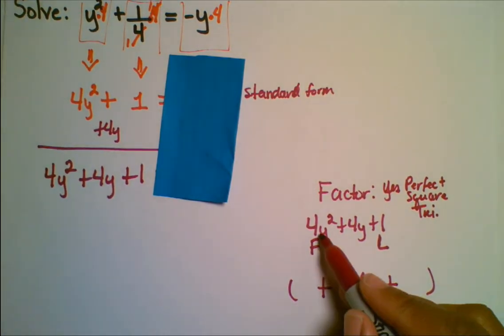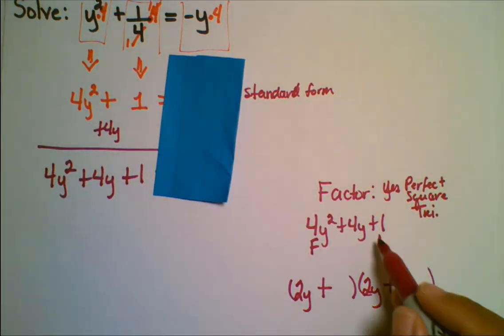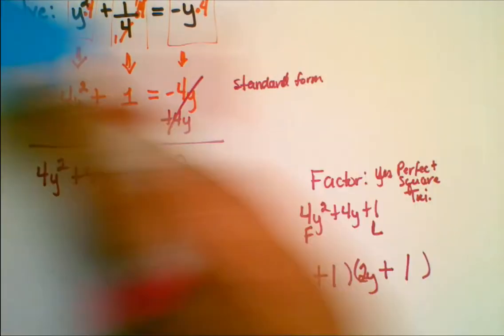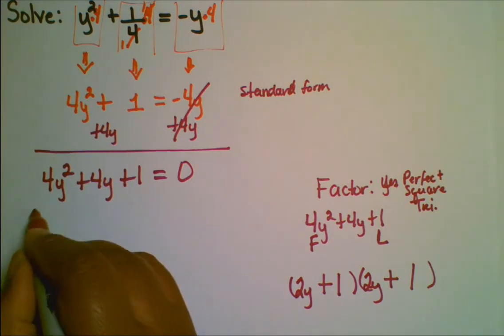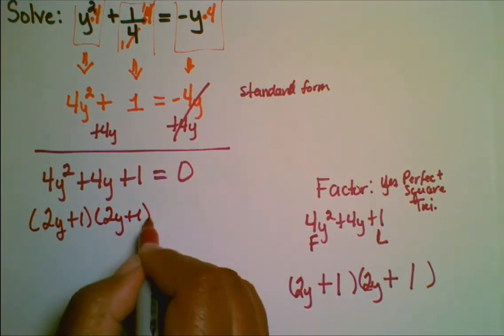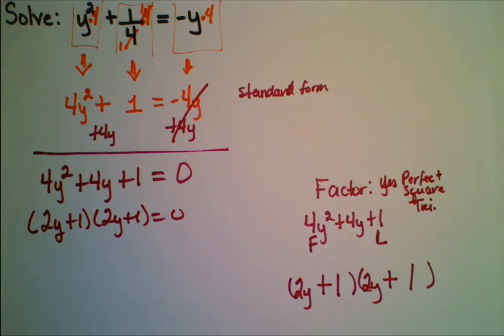Break down the first term. What times what would give us 4y squared? 2y, 2y. Break down the last term. What would give us the 1? 1 and 1. So we're going to set each of these factors equal to 0. Notice that both of these factors repeat.